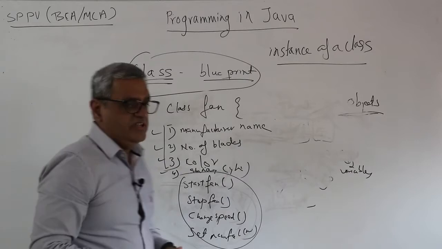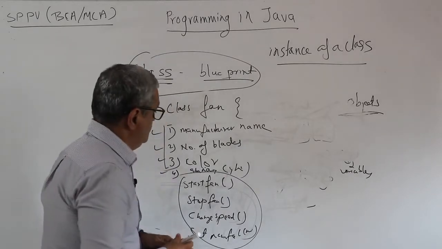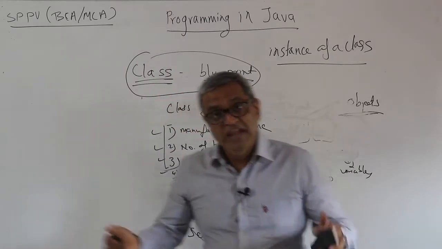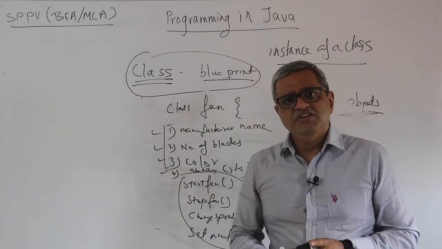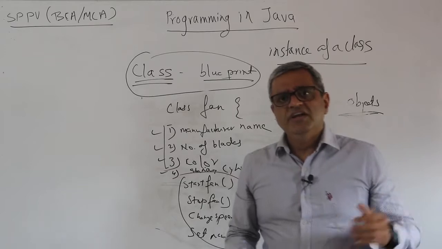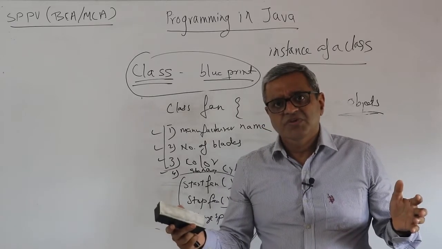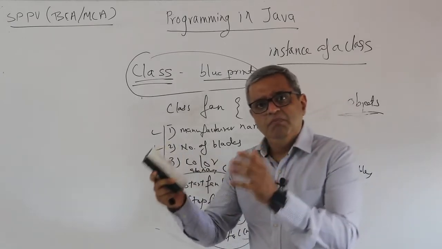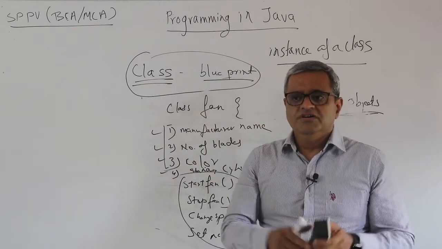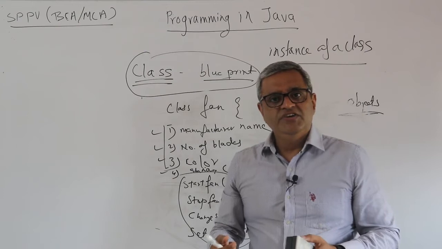There could be another method, set number of blades. So these are different methods. So class is nothing but a combination of attributes and methods which will manipulate those attributes.